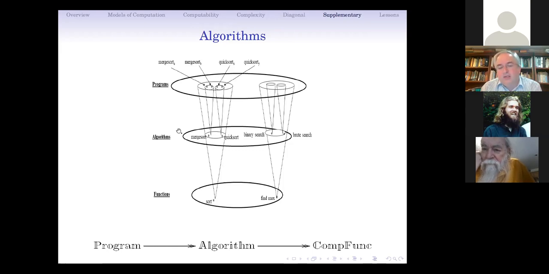Now, telling when 2 algorithms are the same is a somewhat subjective question, and for every possible answer to that subjective question, you have a certain amount of structure that you can have.